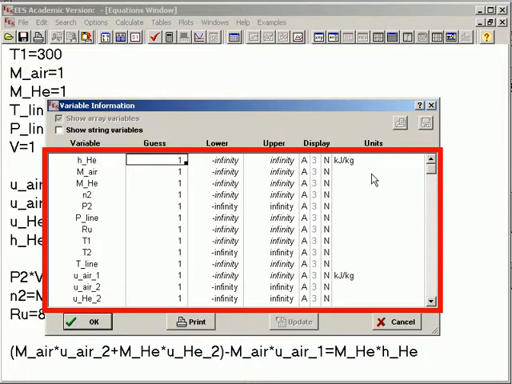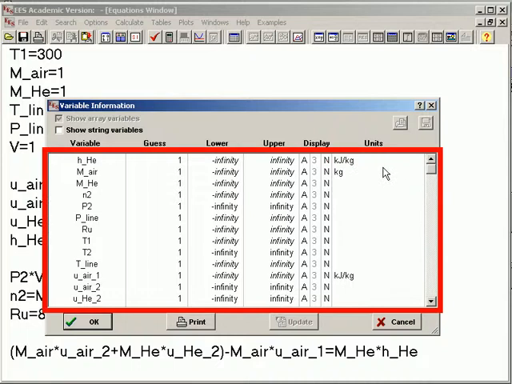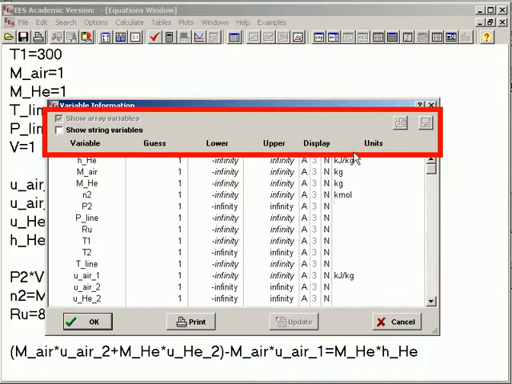And then the final column here is units. The properties, the enthalpy here and the internal energy down here, automatically have the units associated with them, but the other parameters don't. And it's very useful because EES will do a unit check, and often that is one of the biggest causes of problems. So the mass of air is in kilograms, mass of helium in kilograms. The number of moles is kilomoles.